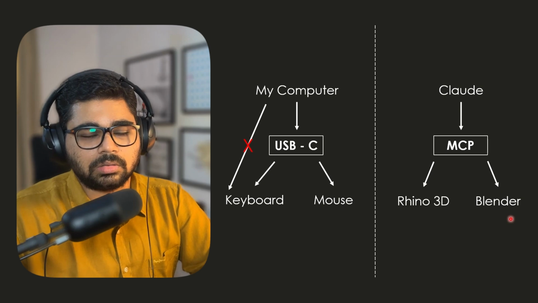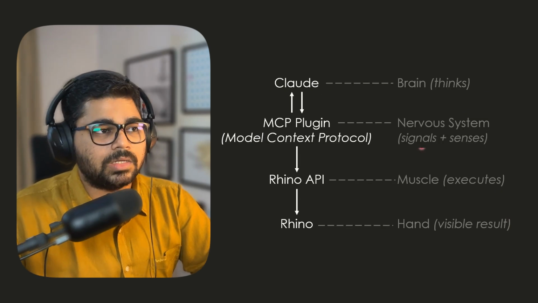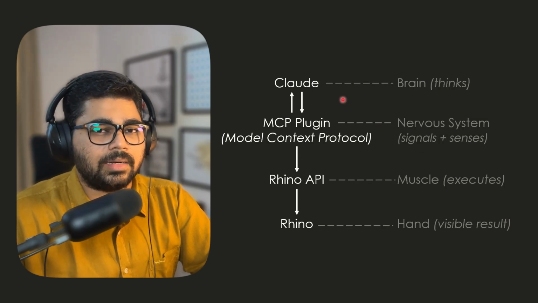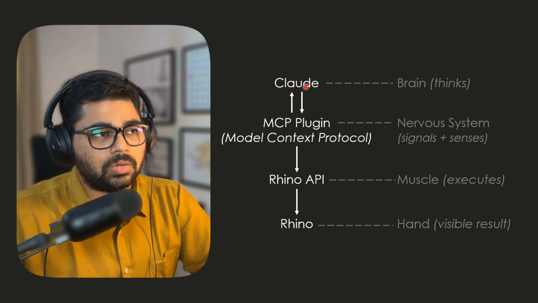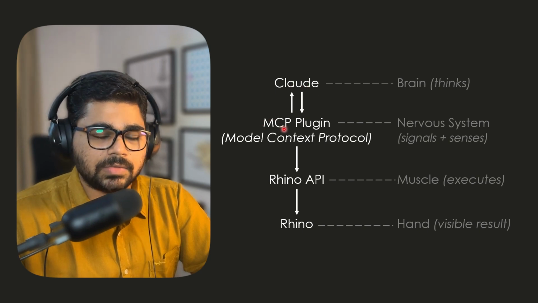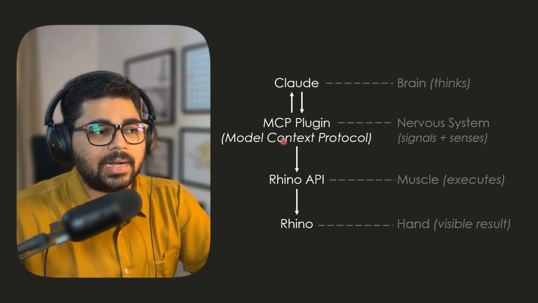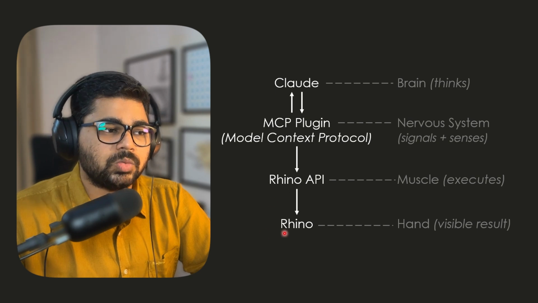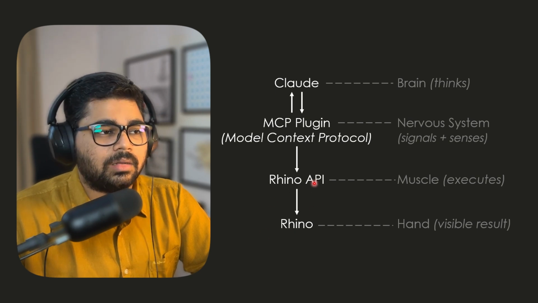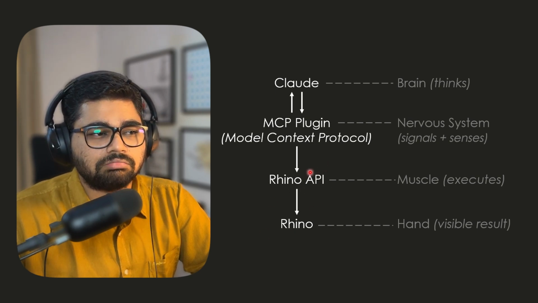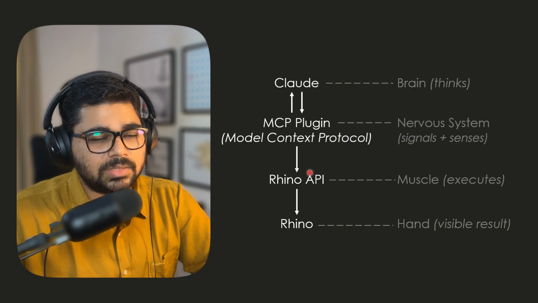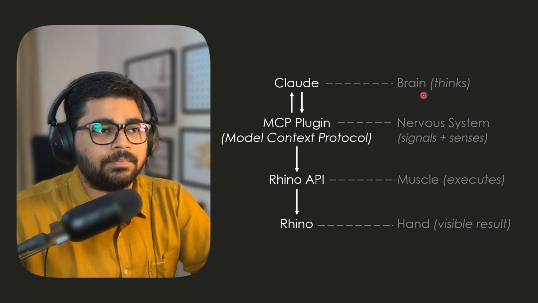To see this more visually, this is what is happening in the backend in the simplest way, right? So Claude talks to the MCP plugin, which is Model Context Protocol. That talks to the Rhino API, and visually we see it in Rhino, right? Now there is a new term, API. Right now, let's ignore it, right?